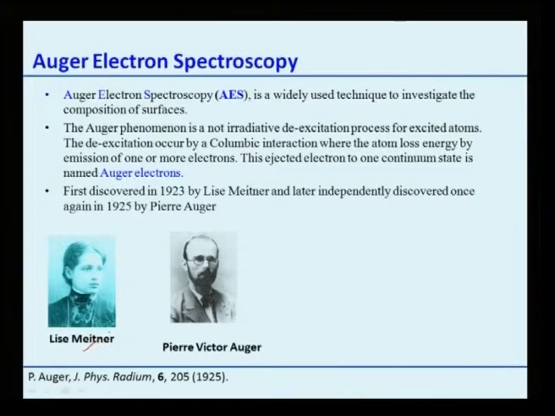This is the Pierre Victor Auger picture, you can see there. This paper by Auger was published in Journal de Physique et le Radium in 1925, and this process is named after him.